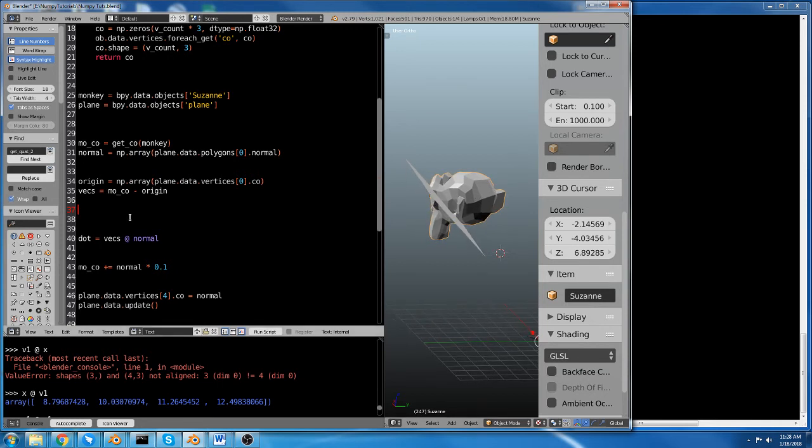So we can use np.any again. We need to do it after we get our dot product. So there's our dot product, np.any dot is less than 0. We're going to say wet again, then she's wet.